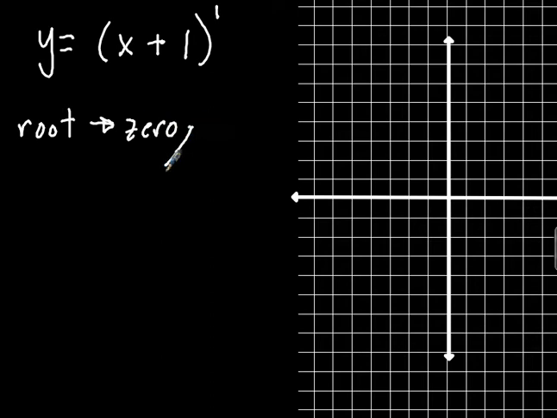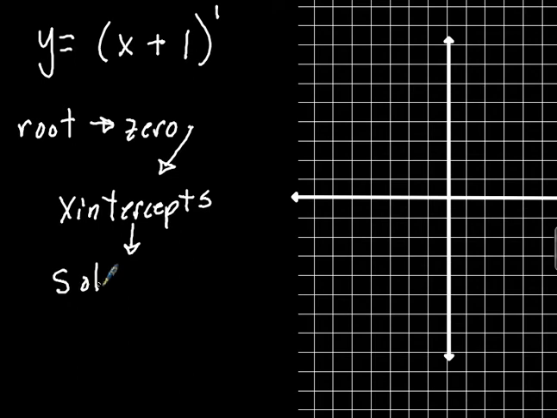Some teachers even call them x-intercepts. And of course, we call x-intercepts roots, zeros. We also call them solutions.